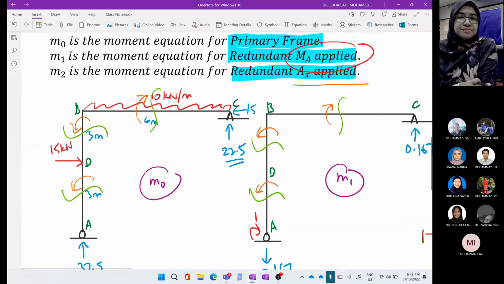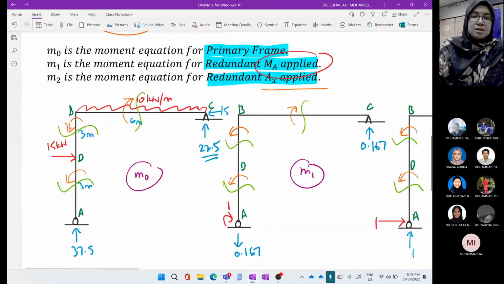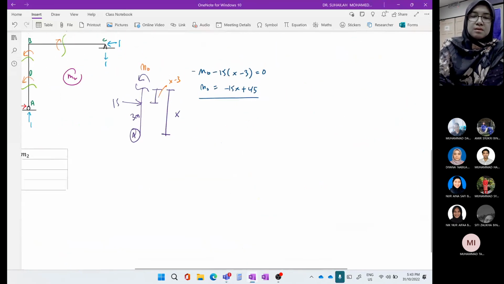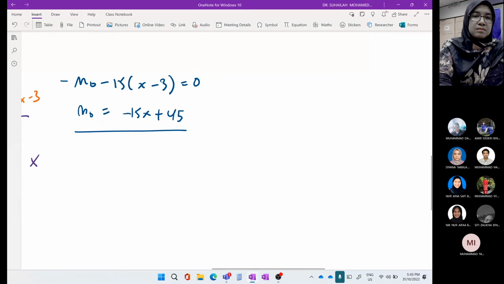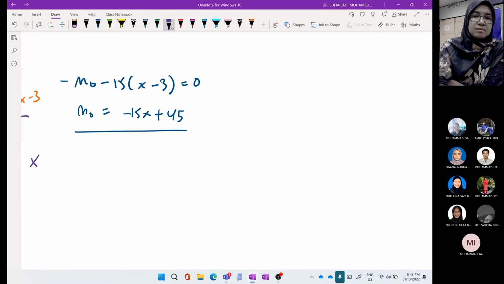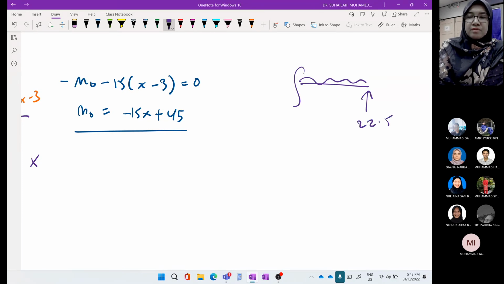What about this? UDL 22.5. Moment M naught. You see what?